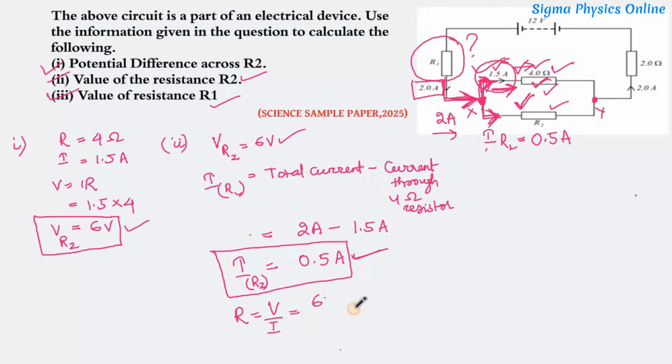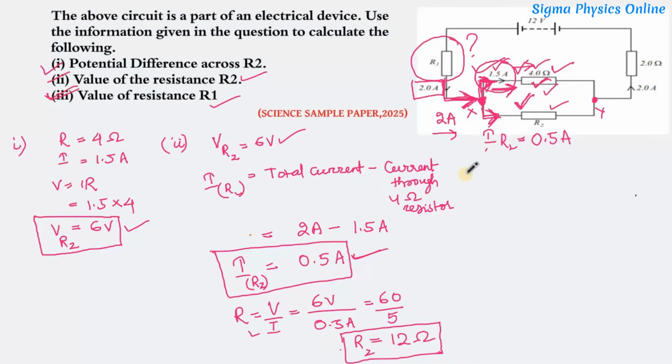The potential difference is 6 volt by 0.5 ampere, so that comes to 60 by 5, that is 12 ohm. So the resistance R2 is 12 ohm. This is the answer to the second bit.